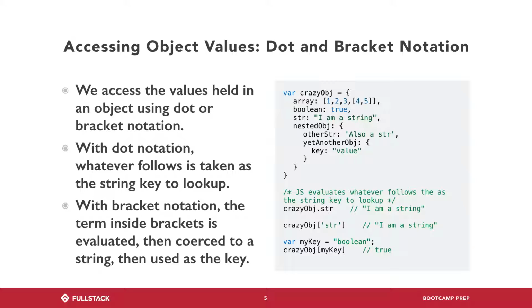So basically, from what you just said, if I were to do crazyObj dot boolean in an effort to try to access the boolean true, would I not receive the boolean true? Would I receive string true? No, you will receive the boolean true. Okay.